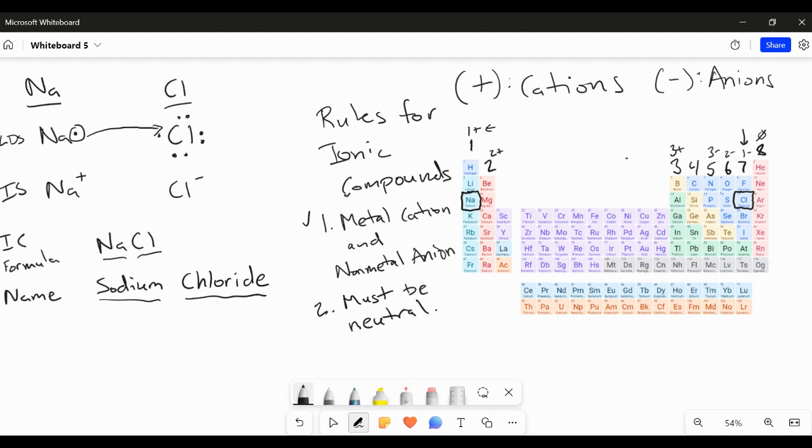It means that the number of electrons lost by the cation has to be the same as the amount gained by the anion, which is true. And also, the resulting compound has to be neutrally charged overall. If we look at it, sodium has a +1 charge, chlorine has a -1 charge, so these two would cancel each other out, and the result is this compound is neutral.